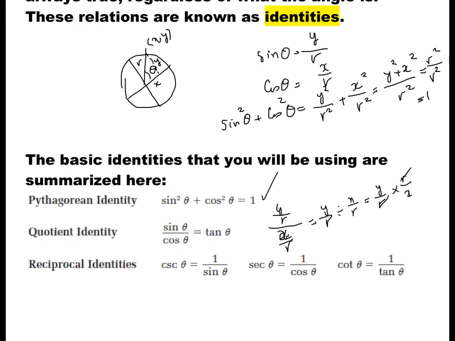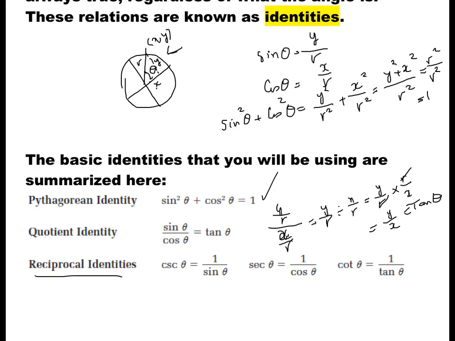You can cross out r, and you get y over x. If you refer back to the circle, you can see that tan theta is opposite over adjacent, which is y over x. So this is equal to tan theta. These two identities, we just showed that they are true no matter what theta is.